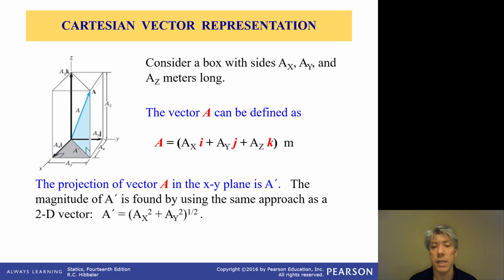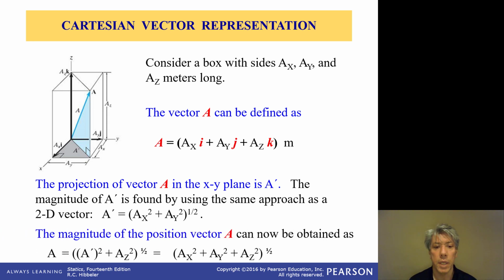It would simply be the square root of Ax squared plus Ay squared. It's just a right triangle, so we use Pythagoras' theorem to find its length. Or we might use sines or cosines, whatever the case may be. I guess it would probably be a cosine in this case, to project A onto A prime and find the magnitude of A prime that way.